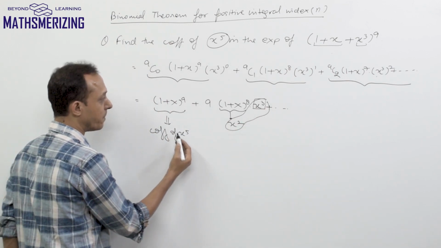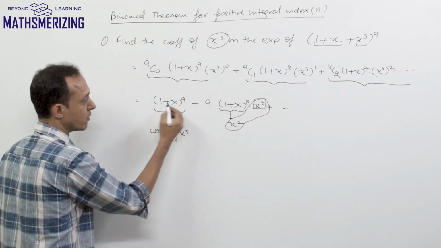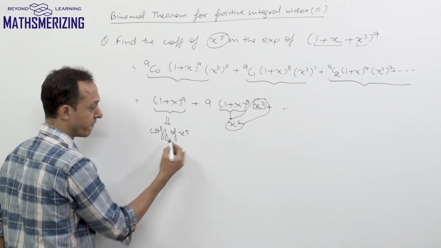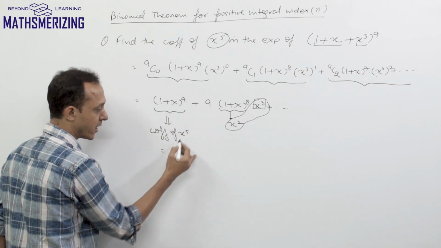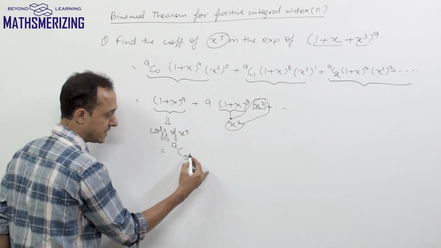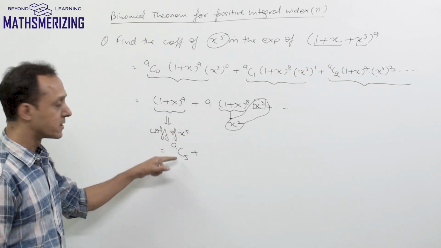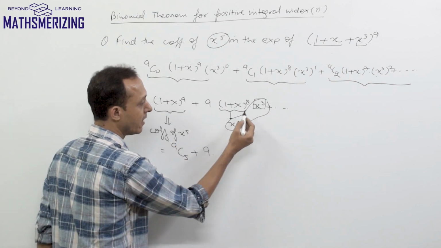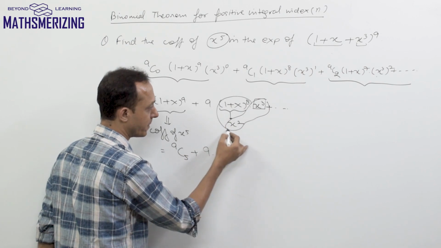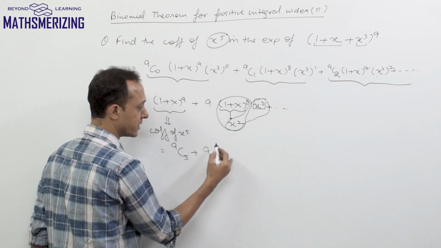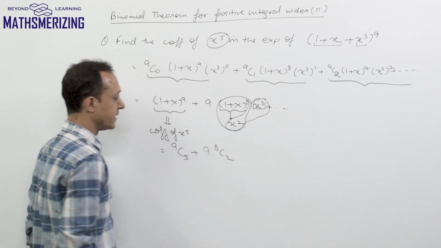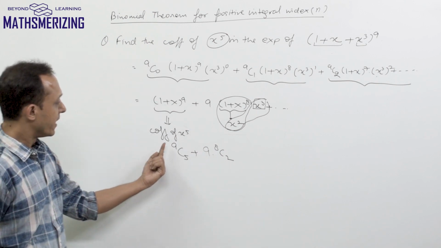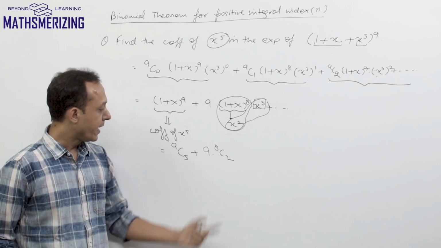So the coefficient of x to the power 5 in this expansion is, from (1 plus x) to the power n, the coefficient of x to the power 5 is simply nC(n-5), which is 9C5. This we have discussed in the previous video, and then here it will be 9, and then the coefficient of x square from (1 plus x) to the power 8, which again is 8C2. So the answer to this question is 9C5 plus 9 into 8C2.